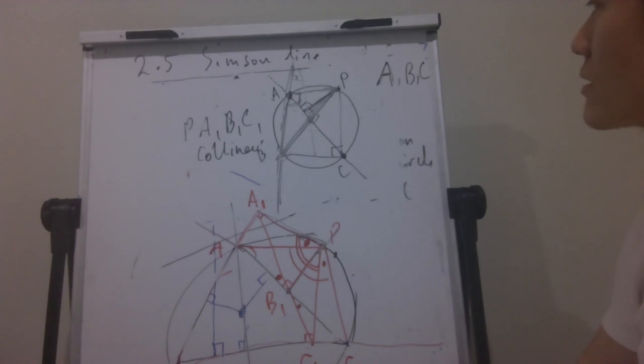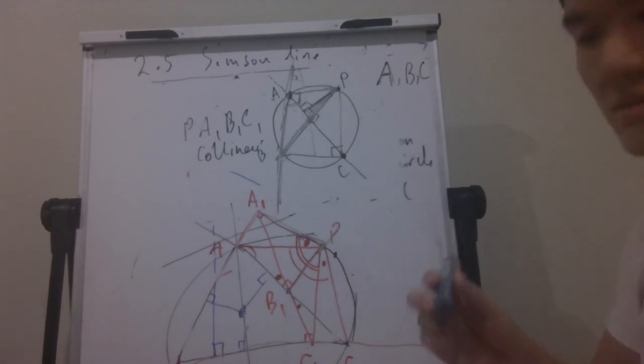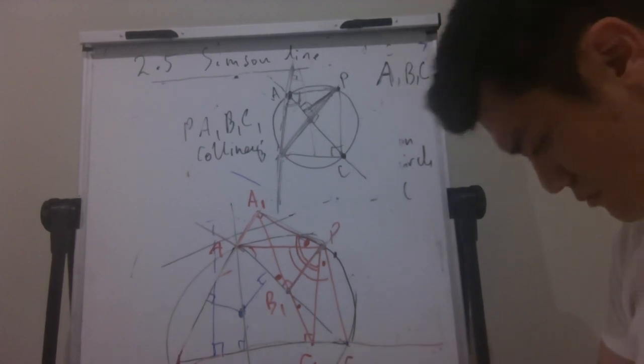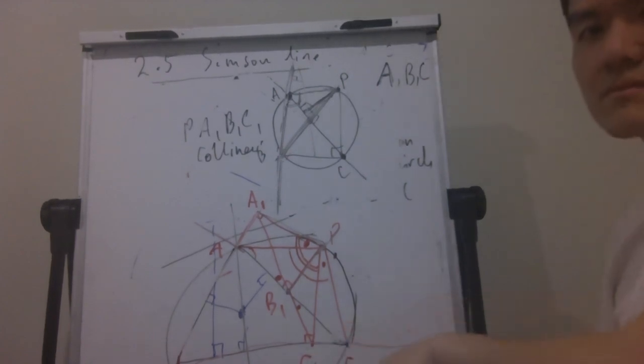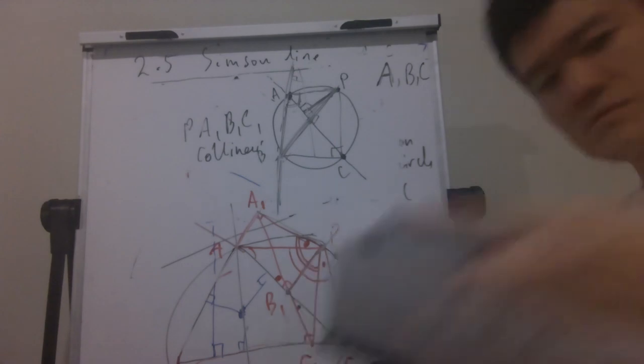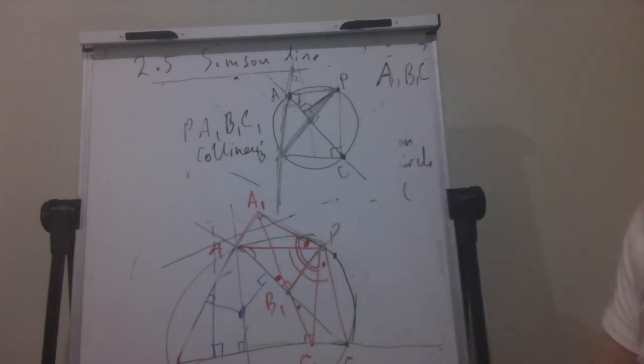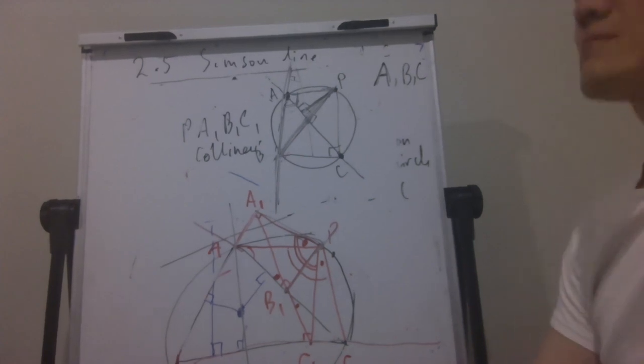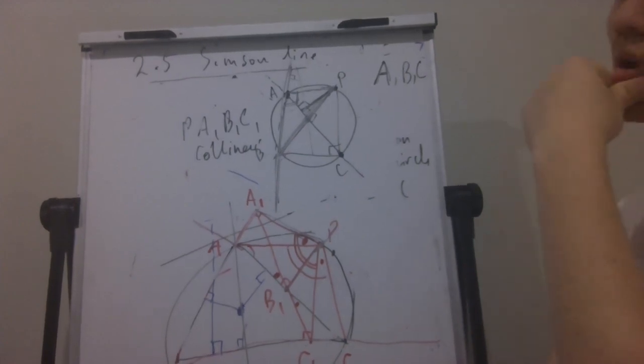So you might want to think about why there are no other points. Is it obvious? Is it only these points? Otherwise, F1 is the two perpendiculars. It has to lie on the two perpendiculars, which means the angle between the two perpendiculars is like 180.